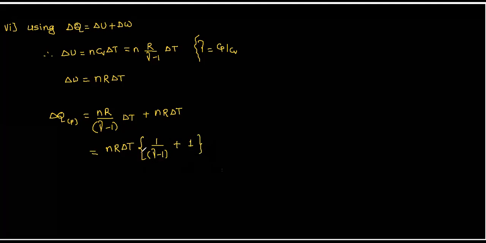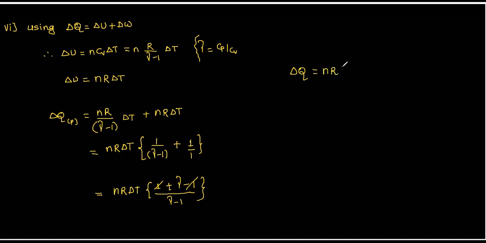Now just to take the LCM, we get n R delta T into the bracket: the denominator is 1, 1 into 1 is 1, plus this 1 into this gives gamma minus 1, and this into this gives gamma minus 1. Is that clear? I have just taken the LCM. This minus 1 and this plus 1 cancel, and therefore delta Q is equal to n R delta T into gamma by gamma minus 1.